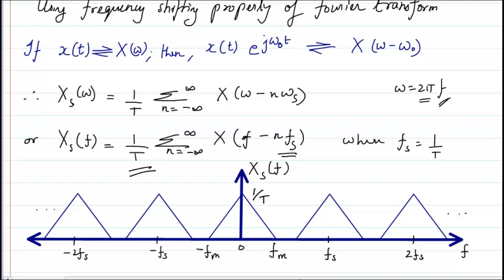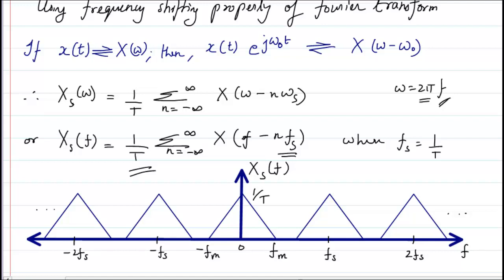The original spectrum would have been just this single triangle in between with a height of 1, but now when we sample the signal, the spectrum has turned into this shape, with multiple replicas of the original spectrum, all shifted by fs, 2fs, 3fs, going all the way up to infinity.